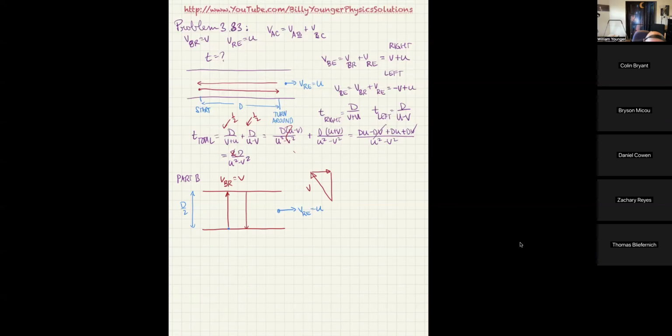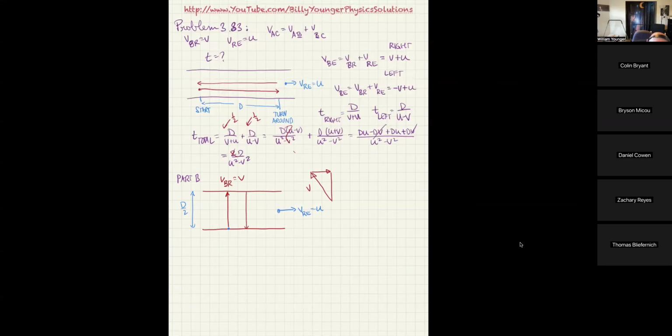Actually, we need that backwards. Sorry about that. When I go straight across on the way up, I'm going to have to cancel out the direction that the river's going.